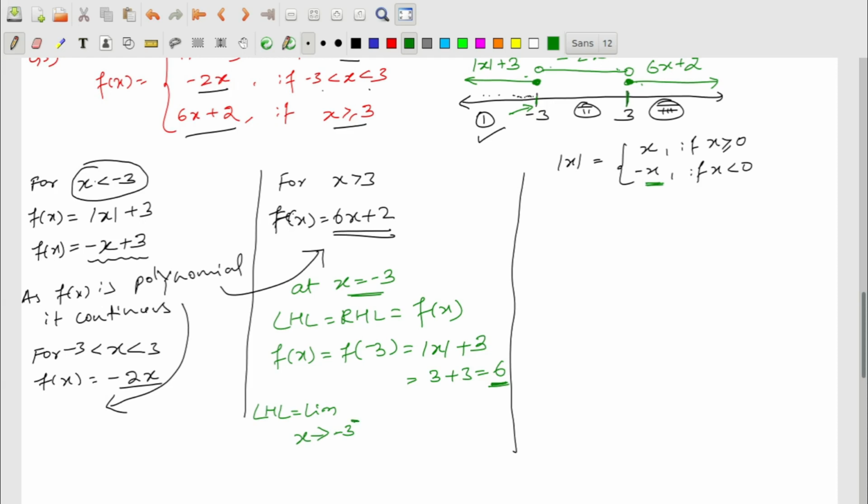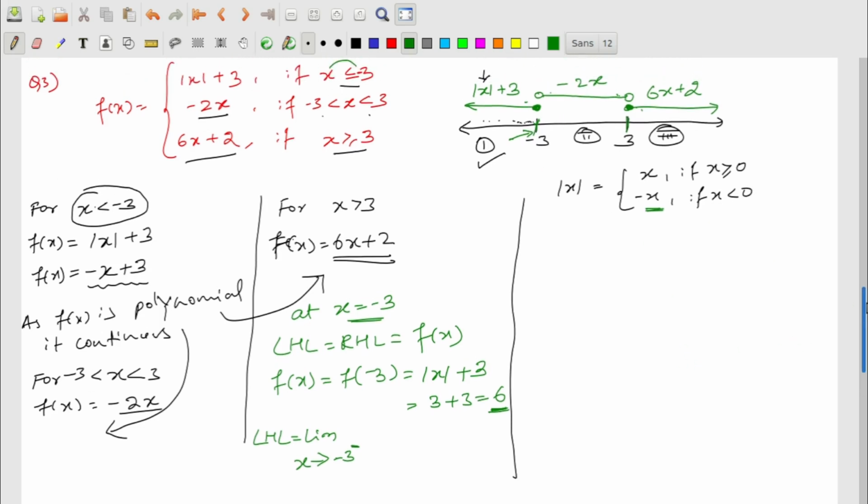This negative sign indicates the input value is less than minus 3, or we are approaching minus 3 from the left hand side. Then if it is less than minus 3, what is the value of the function? Again mod of x plus 3, so mod of minus 3, that is 3 plus 3, is equal to 6.